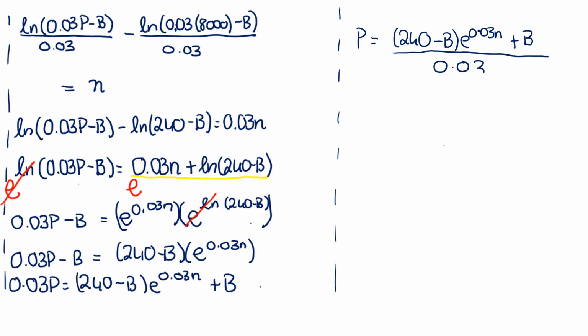You can do a little bit more cleanup. Again, if we knew the value of b, we could clean it up. It's absolutely perfect to present that 0.03 instead of being a decimal as a fraction, so 3 over 100. Again, dividing by 3 over 100 multiplies by 100 over 3. So absolutely fine to give your answer in any form.